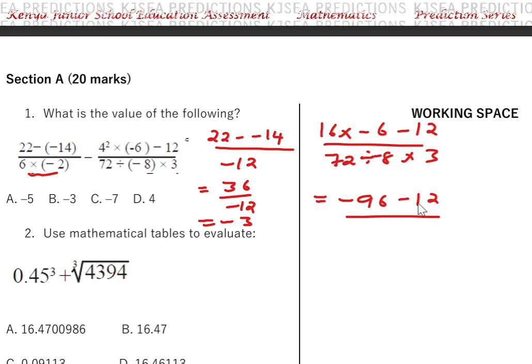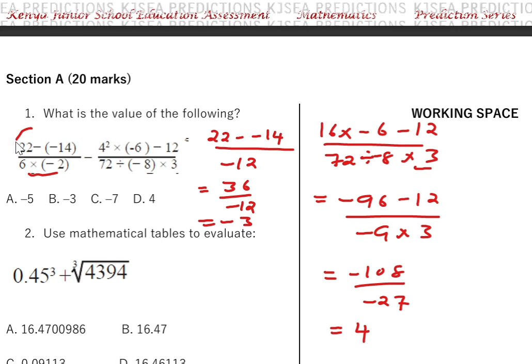If I take 72 divided by negative 8, it is negative 9, then times 3, we get negative 27. Negative 96 minus 12 is negative 108, divided by negative 27. If I divide these two, you can see the answer is 4.